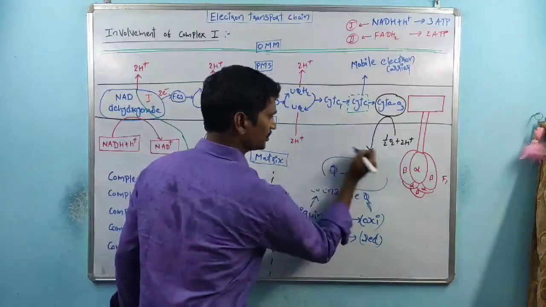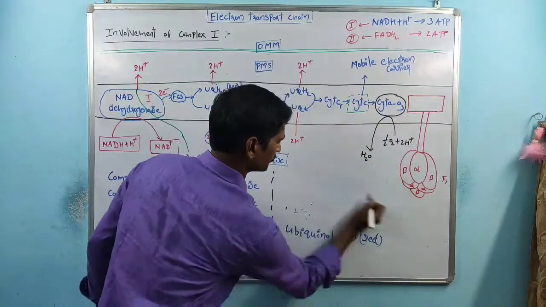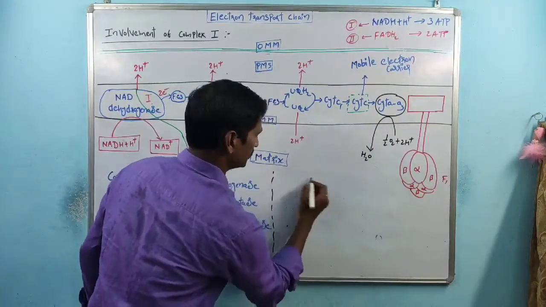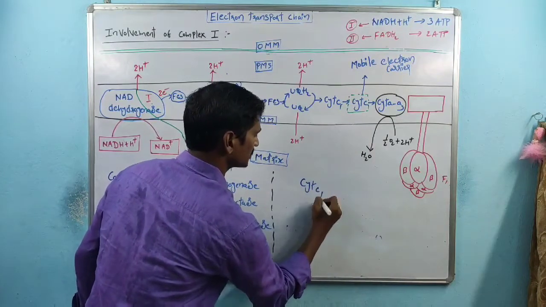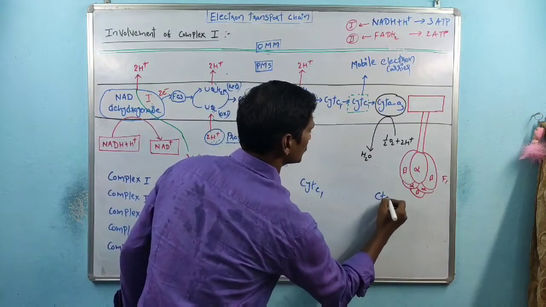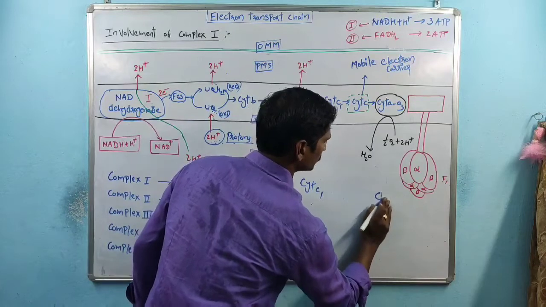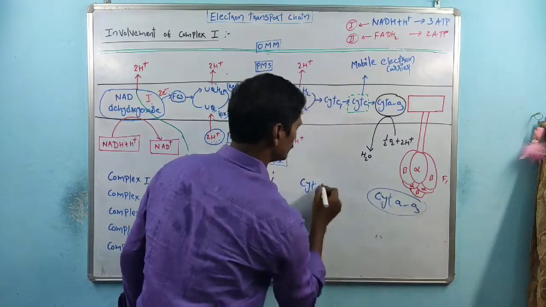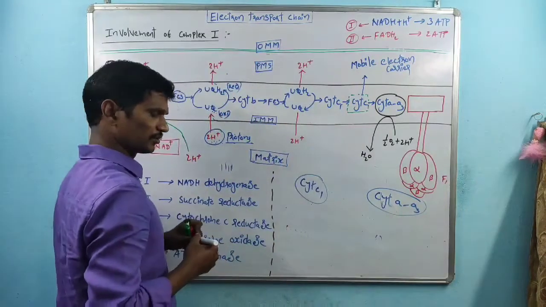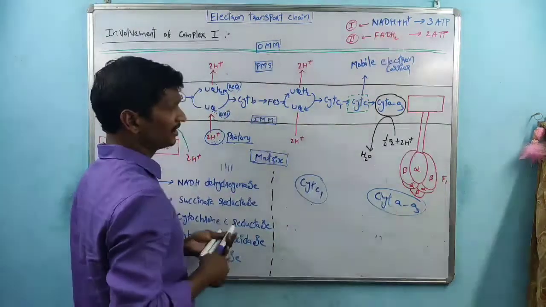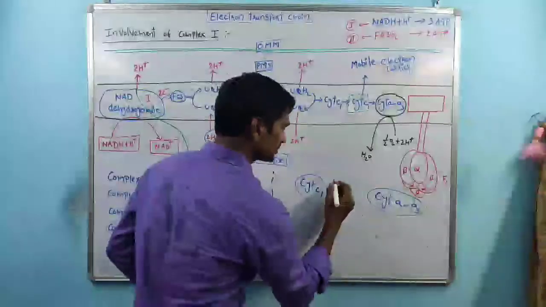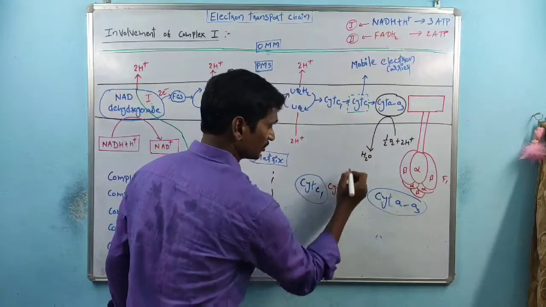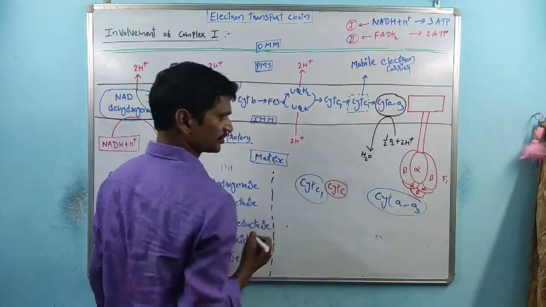Suppose this is the cytochrome C1 structure, and this is the cytochrome A and A3 structure. These are fixed within the membrane, but the moving one is cytochrome C, not C1.